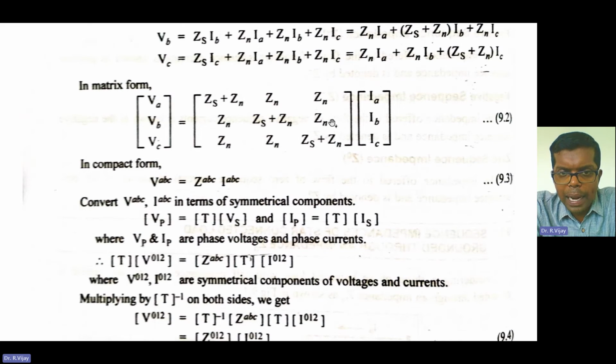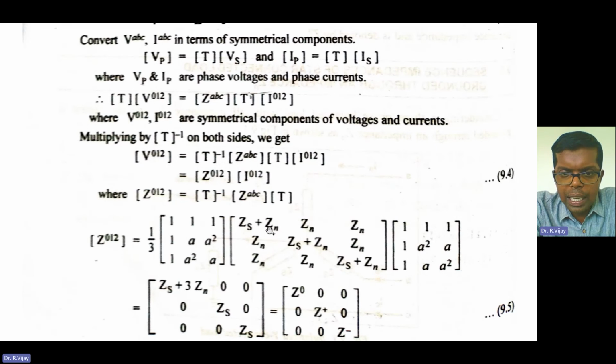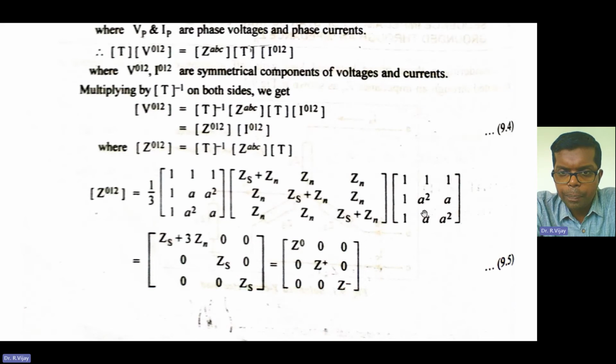So because we rewrote this matrix as ZABC, the same thing we are substituting over here: ZS plus ZN, ZN, ZN, ZN, ZS plus ZN, ZN, next ZN, ZN, ZS plus ZN matrix. Now this T matrix is nothing but 1, 1, 1, 1, A squared, A, 1, A, A squared. Just by multiplying this, we get ZS plus 3 into ZN, 0, 0, 0. Again here ZS, here also 0. While multiplying, you just multiply it.